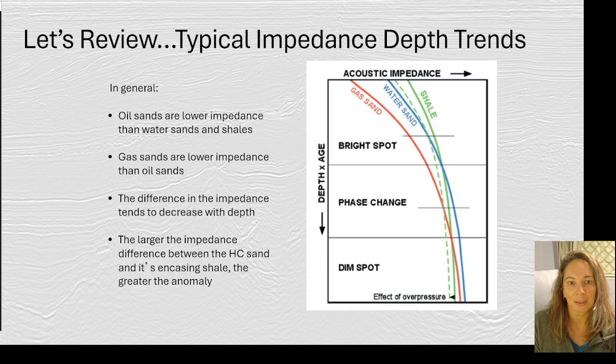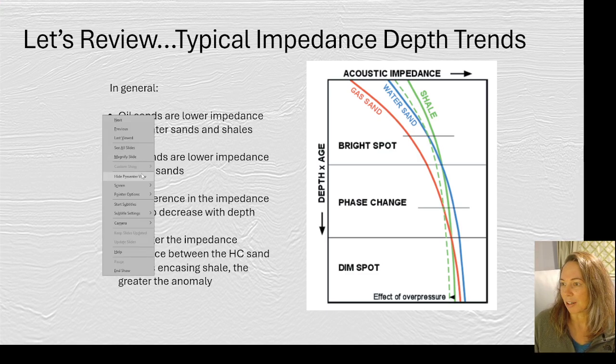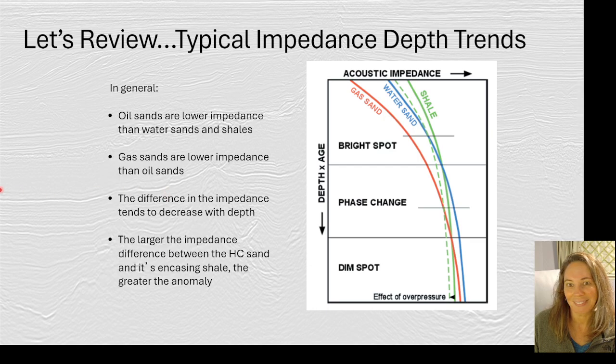So just to review some of these depth trends, because they're very important for recognizing these DHIs. In the shallow portion of the earth, our gas sands have a much lower acoustic impedance than the shales.